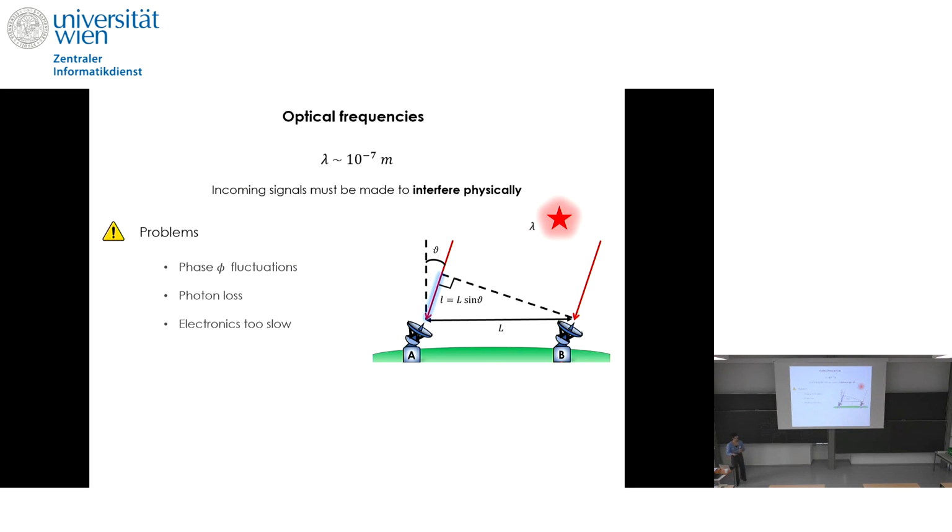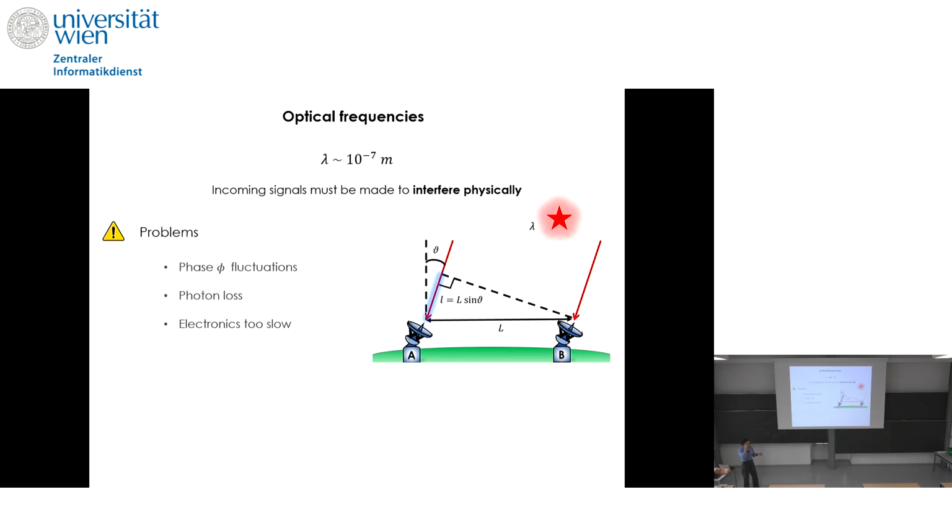There are some differences when we talk about optical frequencies, because optical frequencies are very high. You want to measure the relative phase shift, but you cannot do that in a direct way with optical frequencies because electronics is too slow.